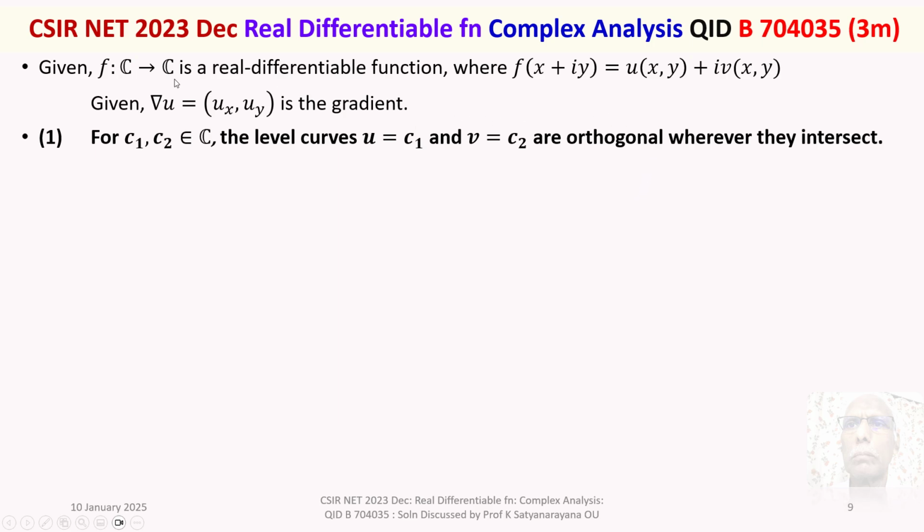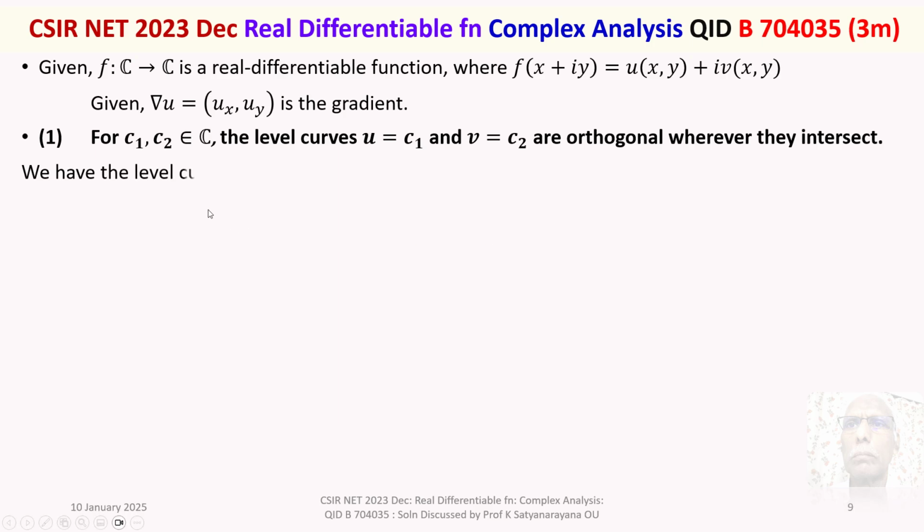If f is an analytic function, these level curves u(x,y) = C1, v(x,y) = C2 are orthogonal. But if we take f to be a real differentiable function, because nothing is given, therefore we have to take f as a real differentiable function. For that, u = C1, v = C2, the level curves, will they be orthogonal wherever they intersect? That's the question.